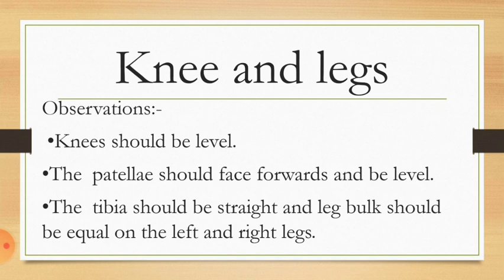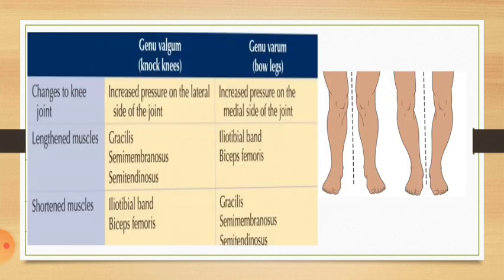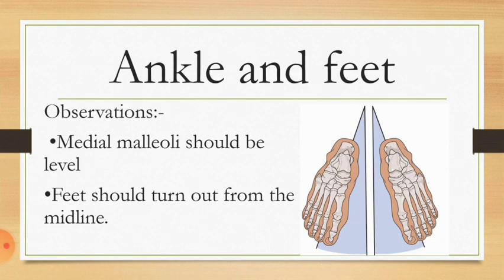Tibia should be straight and leg bulk should be equal on the left and right legs. Ankle and feet. Observe medial malleoli should be level, feet should turn out from medial line. Malleoli should be symmetrical and feet should be parallel.